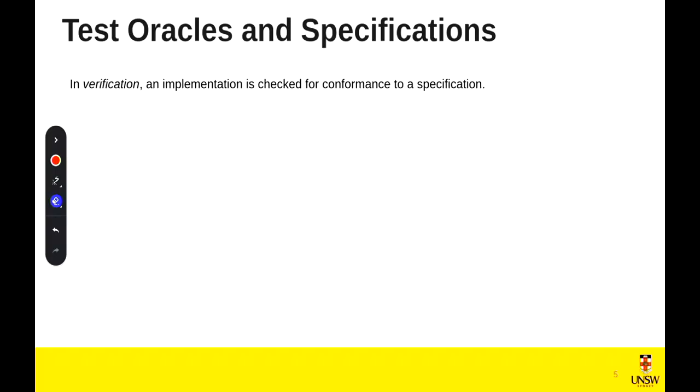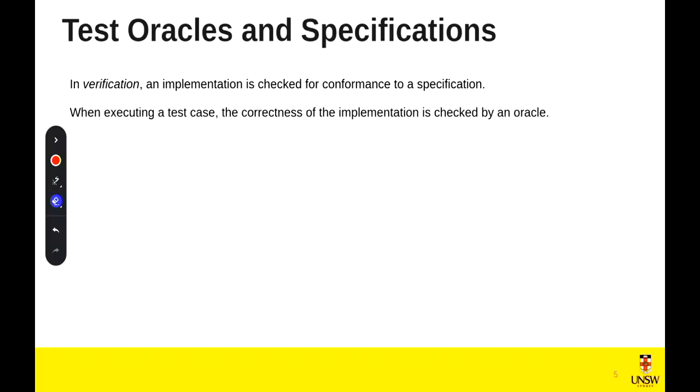In verification, an implementation is checked for whether it is aligned with the specifications or not. And testing is a validation technique, so when we execute a test case, we check against test oracles.